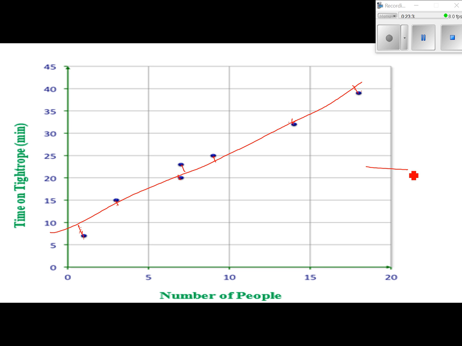So we take them all, and this time there's 1, 2, 3, 4, 5, 6, 7 points. So we would find all those distances, add up all the distances, and then we would divide it by 7. And what we want there is we want the line that's going to go through here that gives us the lowest answer for that.